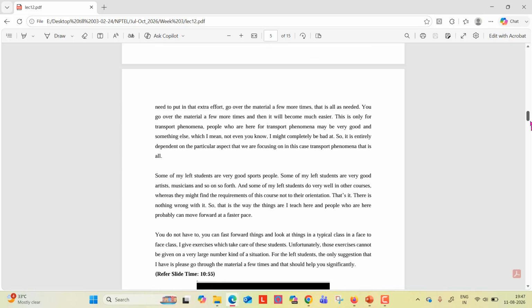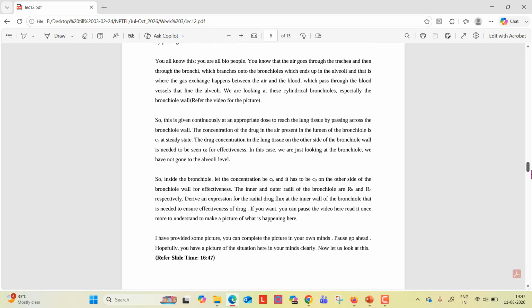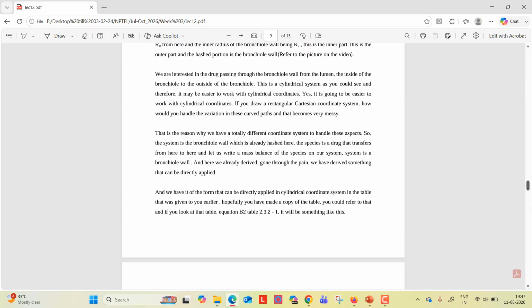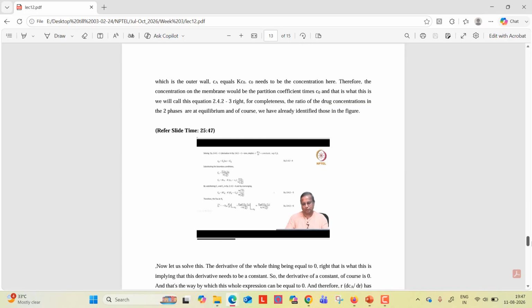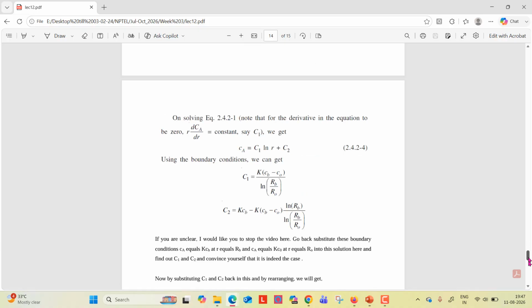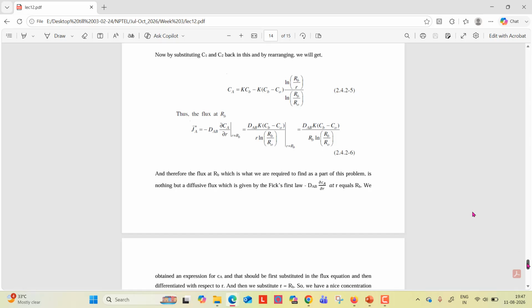Whatever derivation is given here is the same as what we are going to solve here. You solve it by yourself. I am not solving it. Your final expression will come as this: DAB K (CB minus C0) by RB into ln(RB by R0).